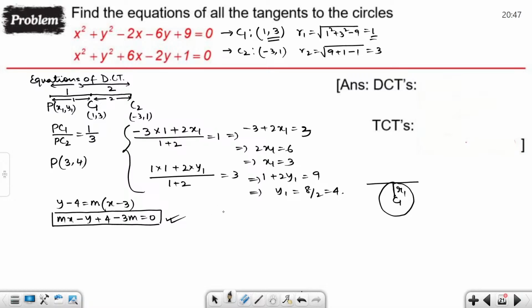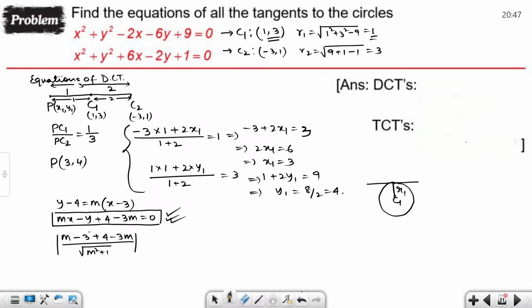So what is the perpendicular distance from the point (1, 3) on this tangent? It's |m minus 3 plus 4 minus 3m| divided by root over m square plus 1. This is the perpendicular distance drawn from the center C1 on this tangent.